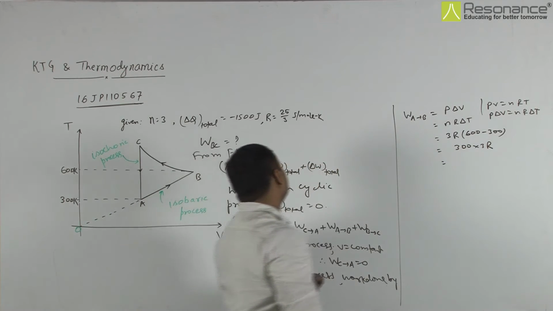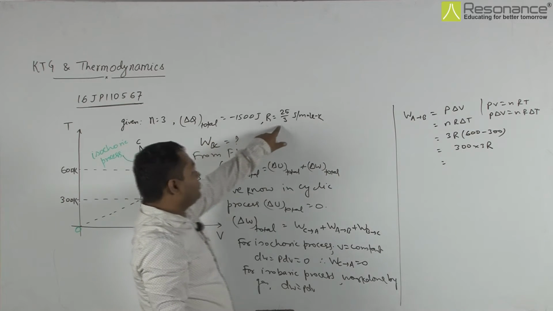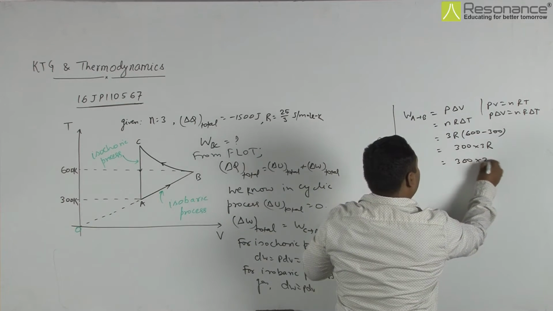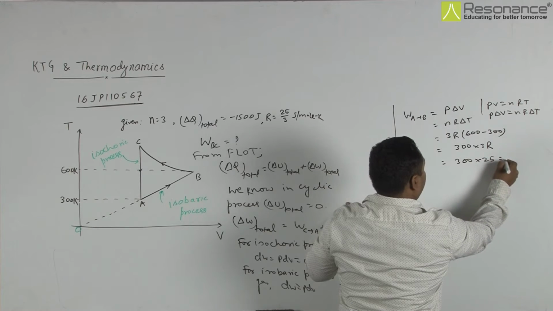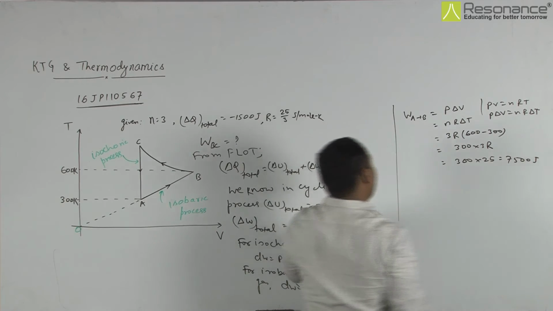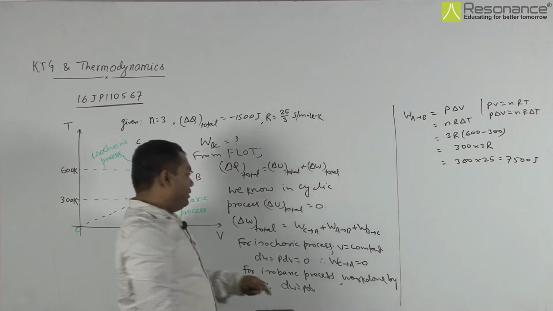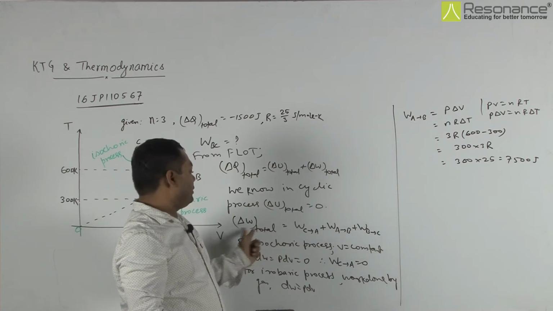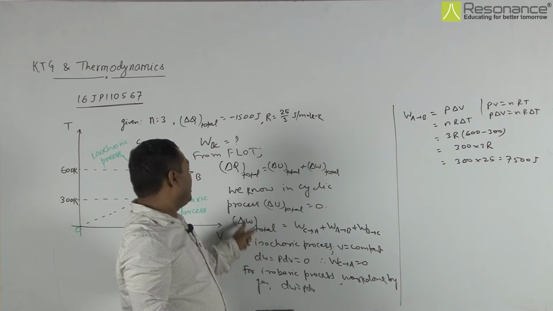By putting value of R, which is 25 upon 3, you can get 300 multiplied with 25, that is what? 7500 joule.